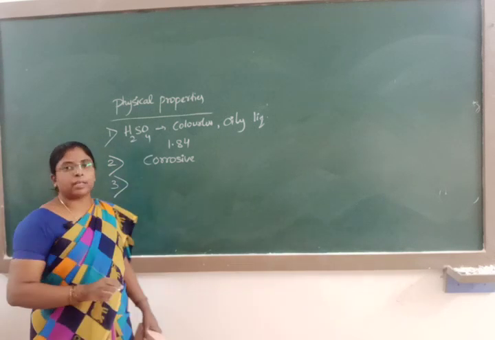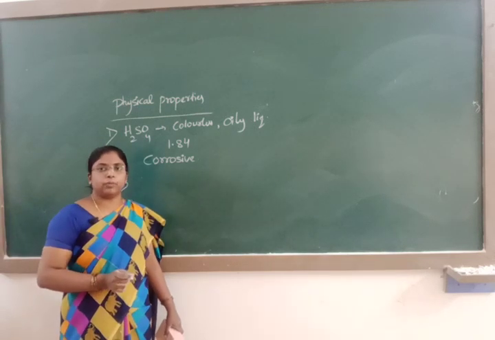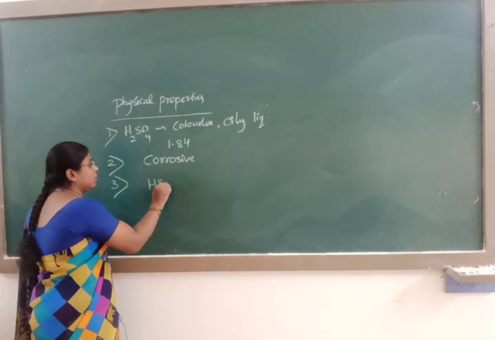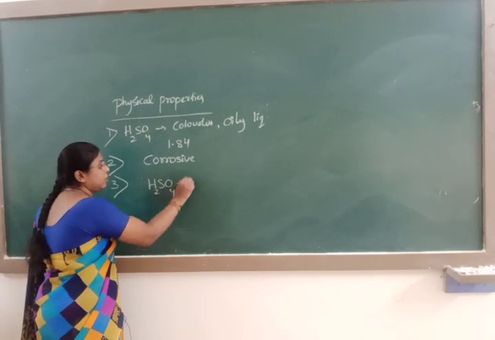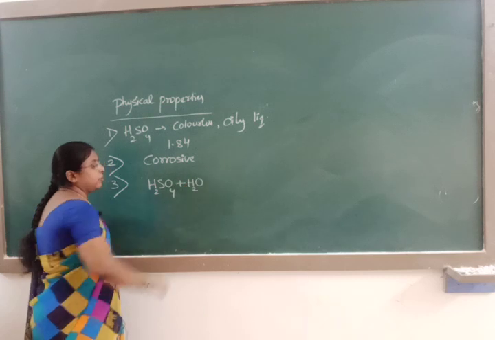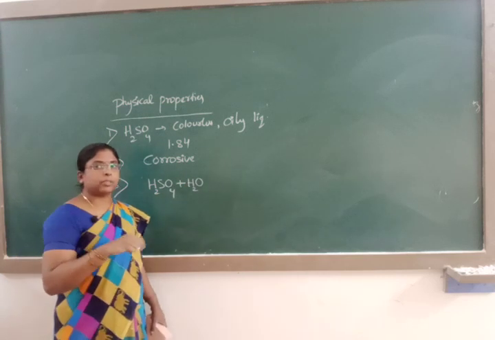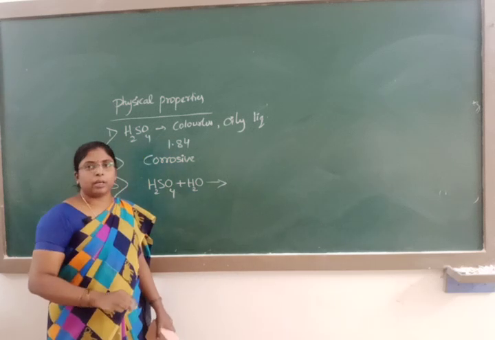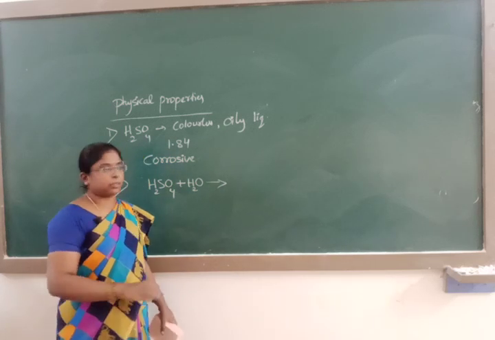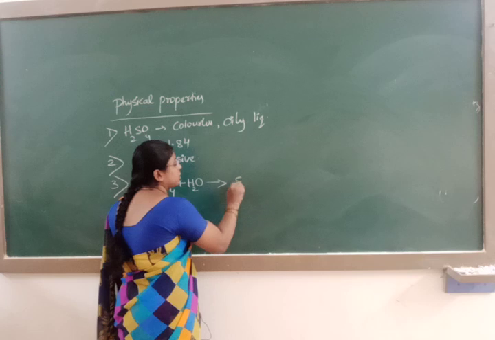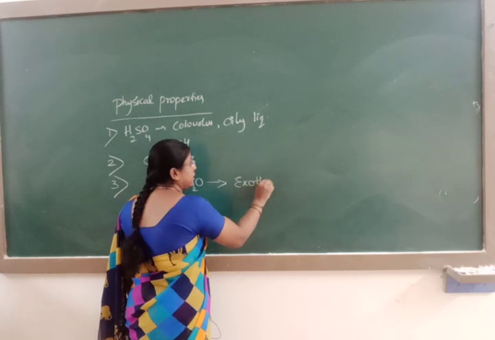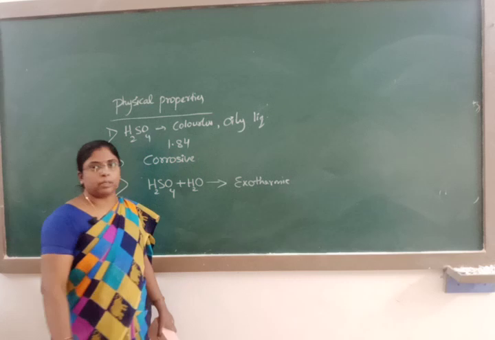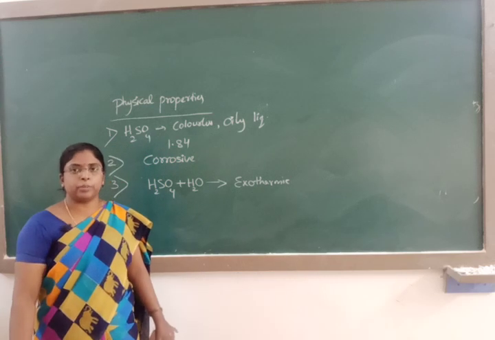This sulfuric acid is highly soluble in water. When we add sulfuric acid to water, we have to add it slowly. The exothermic reaction takes place and a large amount of heat is liberated.